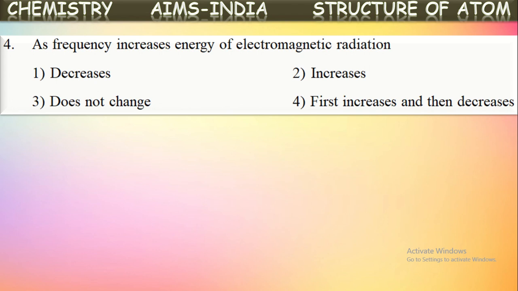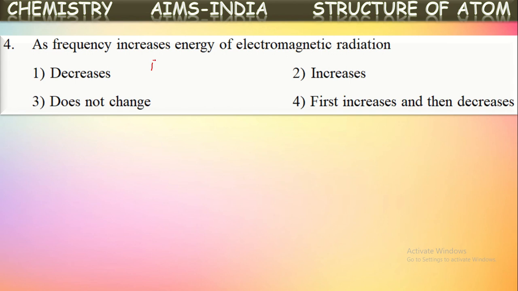is not continuous. It is discontinuous, in the form of small packets. Each packet of energy is called a quantum. The energy associated with this quantum or packet of energy is directly proportional to the frequency of that radiation.